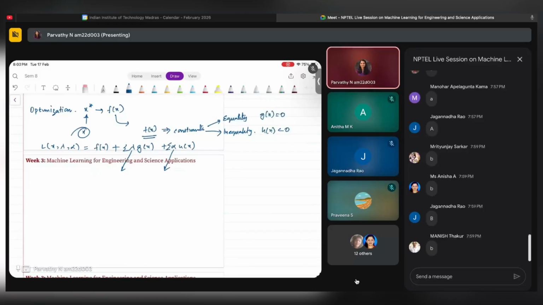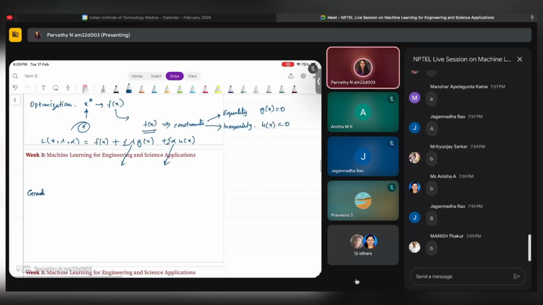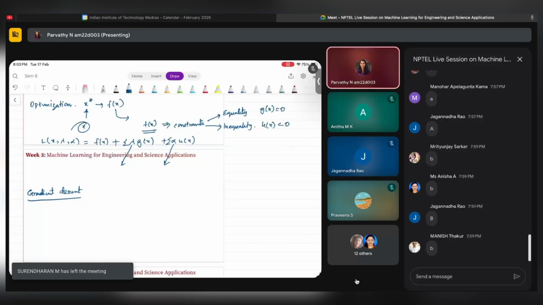Now, in the next video, the instructor talks about gradient descent. In practice, we often cannot solve gradient equal to 0 analytically.